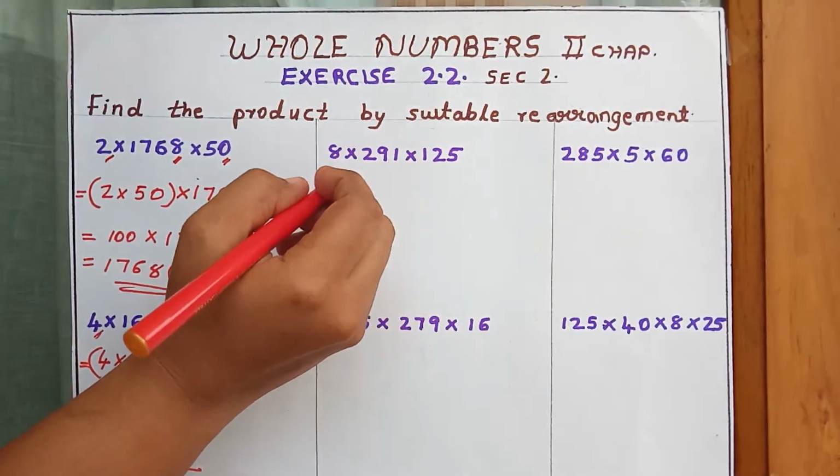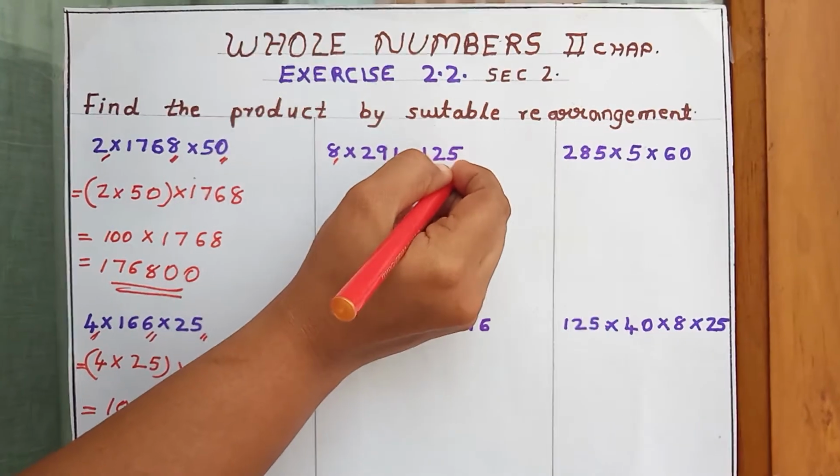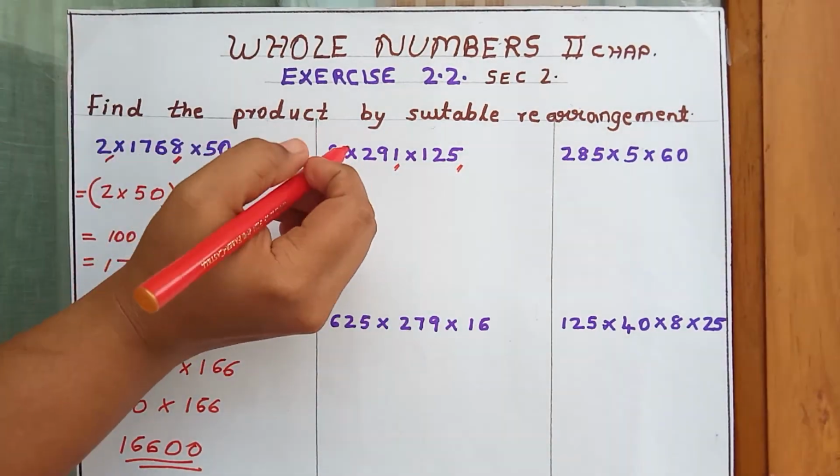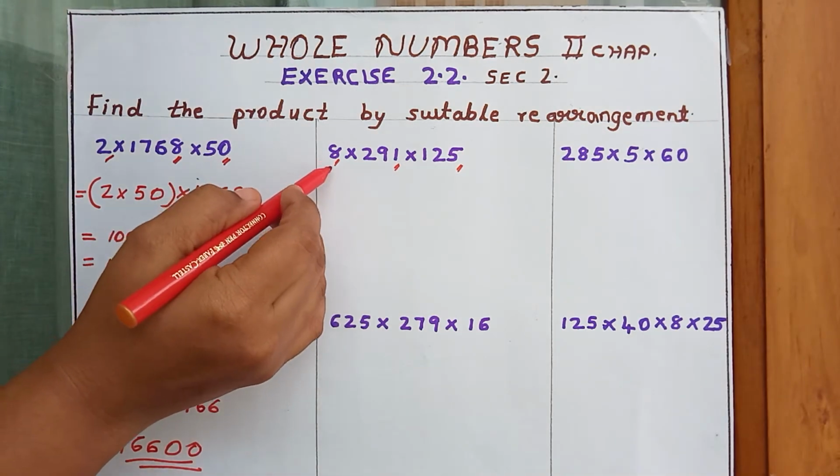Coming back to this problem, 8, 1 and 5 are in ones place. So joining 8 and 5, you will be getting 0 in ones place.